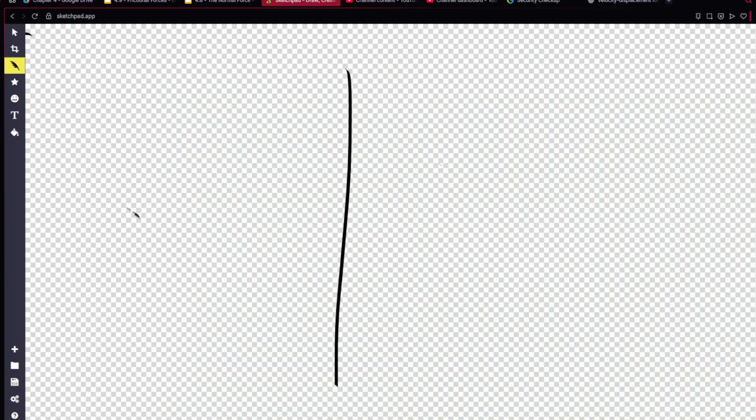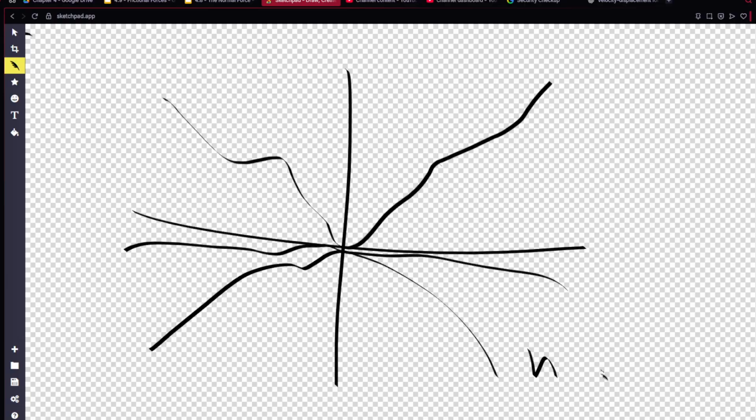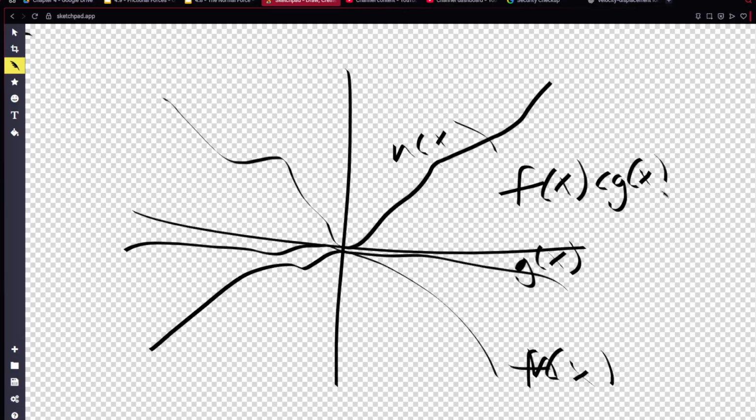So let's take this graph here, and we'll do this, and this, and this. Let's say this is f of x, h of x, and g of x. That means f of x is less than or equal to g of x, which is less than or equal to h of x.